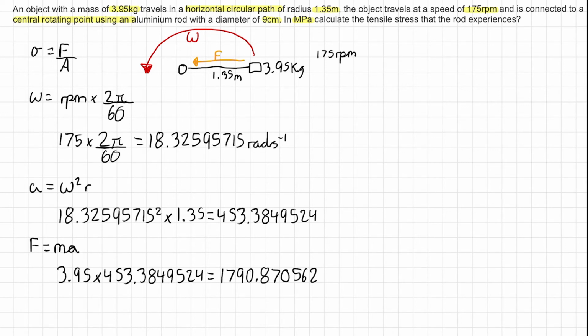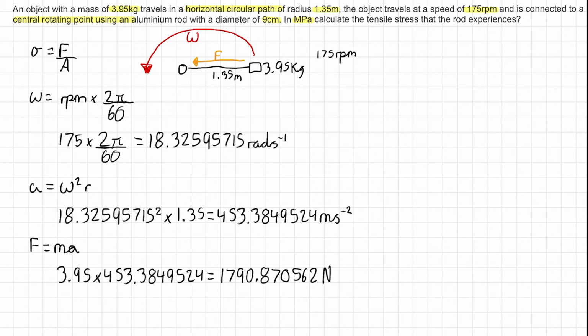Oops, remembering to add the units to each step as well, so it's clear what you've done. So meters per second squared, and then your force is in newtons.